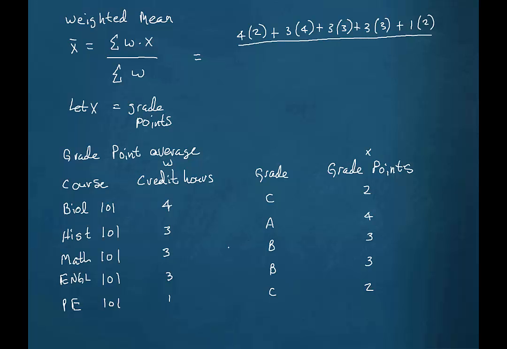And we would divide that by the sum of the weights. So 4 plus 3 plus 3 plus 3 plus 1. And what this is going to give us is 40 divided by 14. And if we round this then to 3 decimal places, the GPA that we would see on our report card would be 2.857.